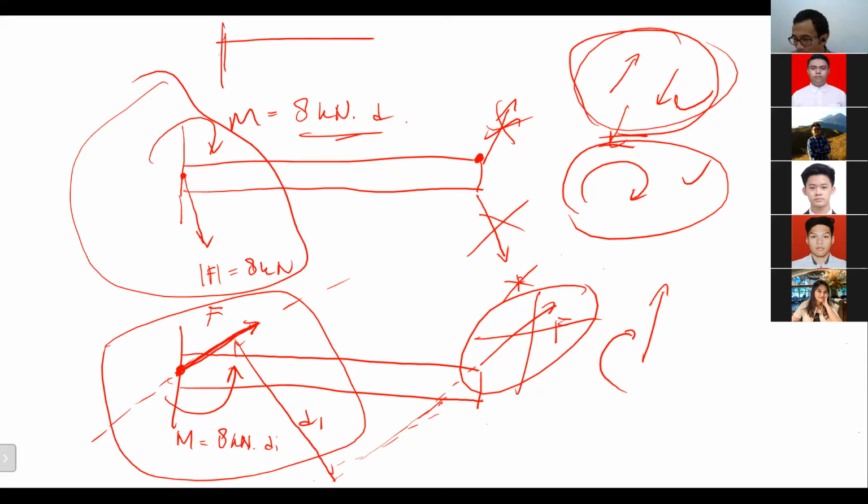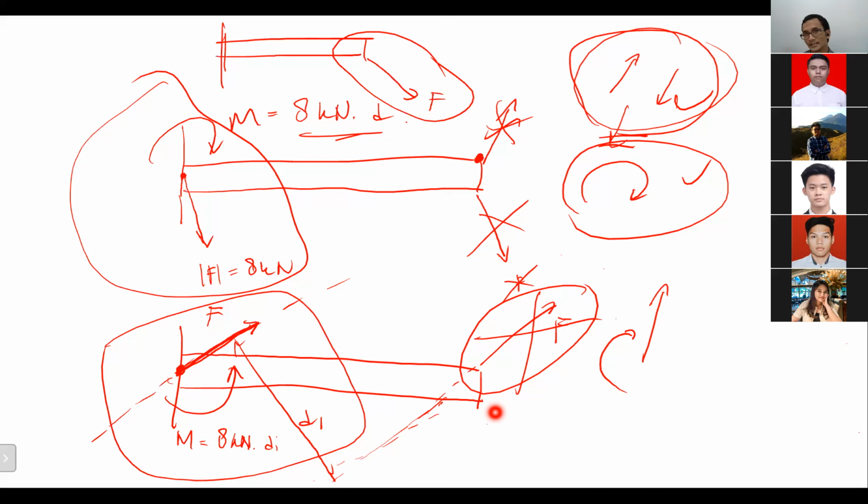If it's in the original location, for example, just now the problem is like this: F, right? In this case, for F there is no couple because you don't move it somewhere else. The couple will be there if you move a force to another location, which is not in the same line of action.